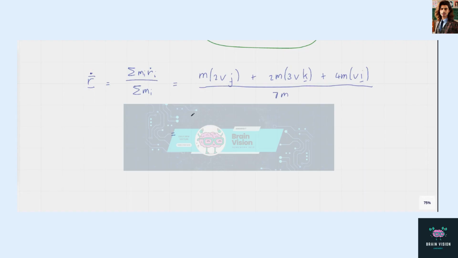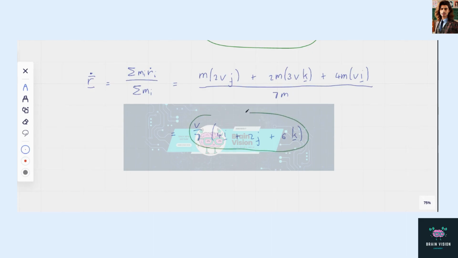And so calculating, this becomes v over 7 times 4i plus 2j plus 6k. And that's the first derivative of the mass center with respect to time, which is the velocity of the mass center of the system.